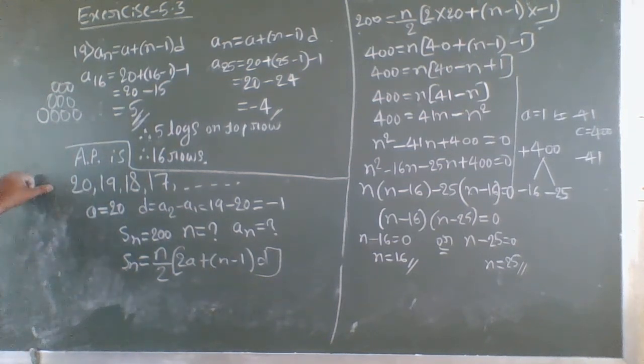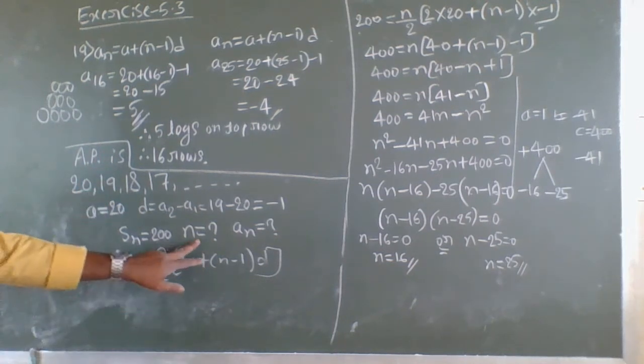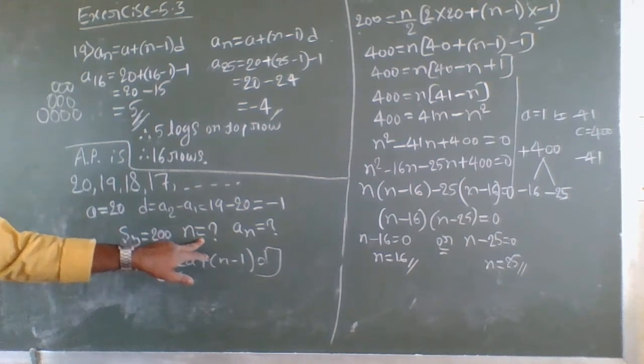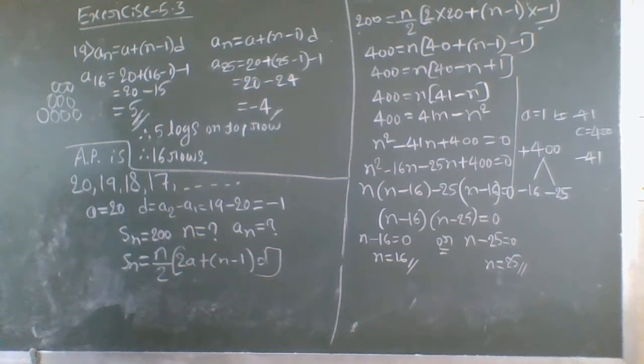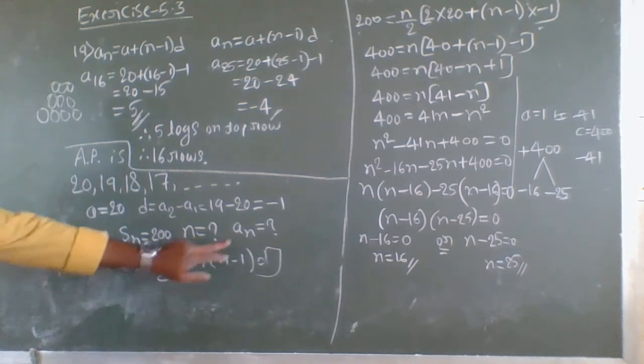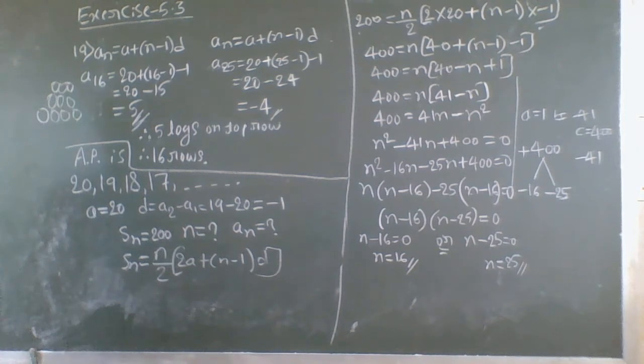So by observing this AP, you can write A value, D value, and Sn value is 200 because there are totally 200 logs, and we should calculate n value. N value means number of rows used to store the 200 logs, and an value means they are asking how many logs will be there in the top row, that is an.